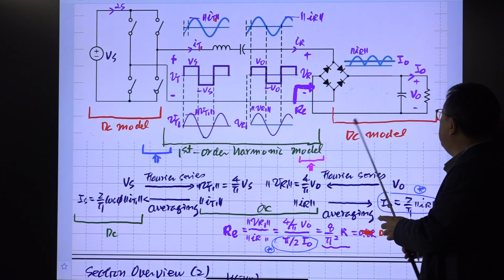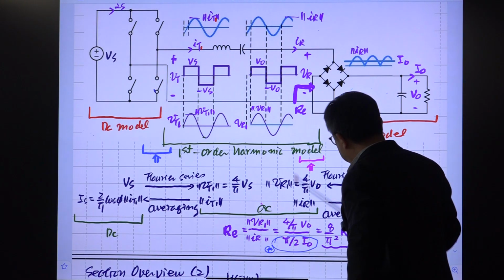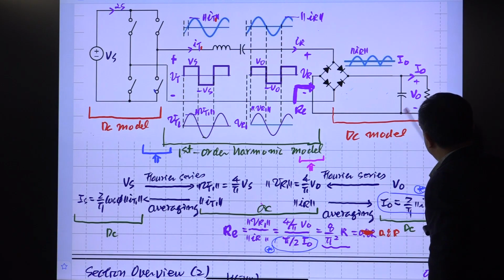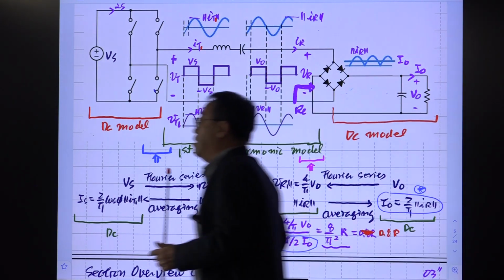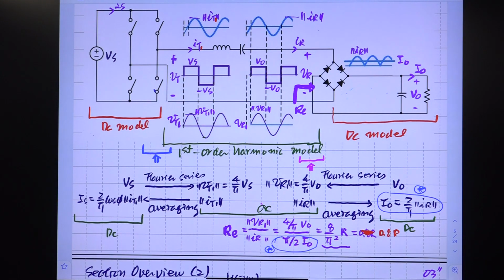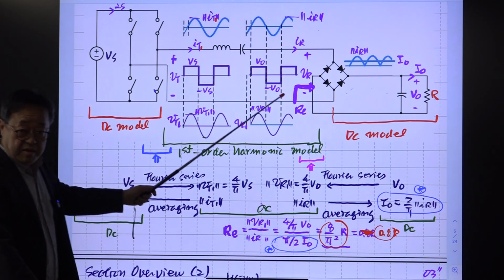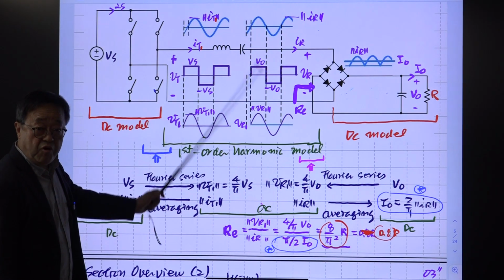So RE seen by this port is simply R, the output resistance, multiplied by this factor, which is very close to 0.8. That becomes the resistance seen from here. Why are we doing this?